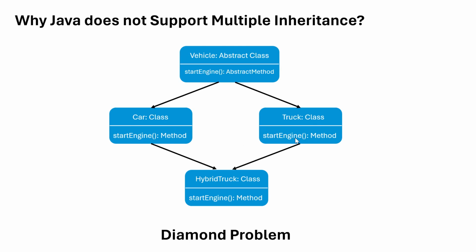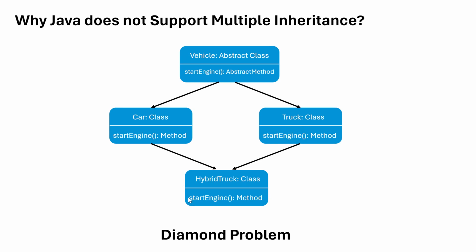So which method to override inside the hybrid truck class? Here the compiler itself will be confused and will not be able to decide whether to call the start engine method of the car class or the start engine method of the truck class.